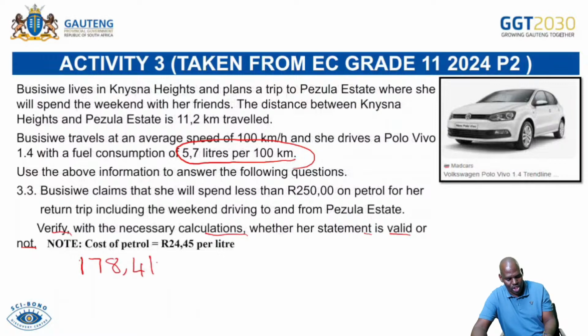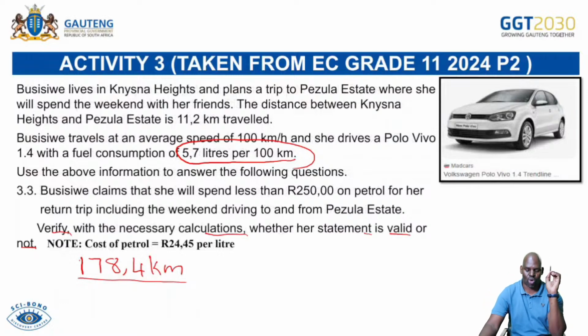200.4 kilometers they travel. So in order for us to calculate the cost, we need to know the number of liters of fuel that the car has consumed. So what do we do in this case?